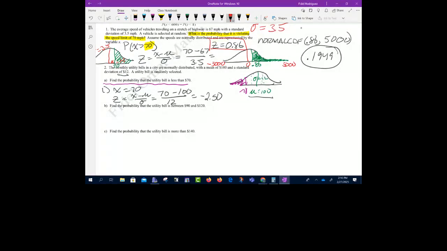Now, what I'm going to do now, y'all, I'm going to draw a new picture. Here's my normal curve. My average in the normal curve is always 0. My standard deviation is always going to be 1. And y'all, we're trying to find what's the probability that we're going to be less than, in this case, negative 2.50.